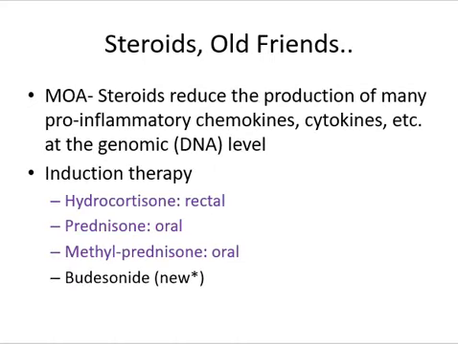So the first group of drugs that are actually quite good at inhibiting the immune system are our old friends, the steroids. These are going to reduce production of many of the pro-inflammatory chemokines and cytokines at the genomic level that really drive disease progression.